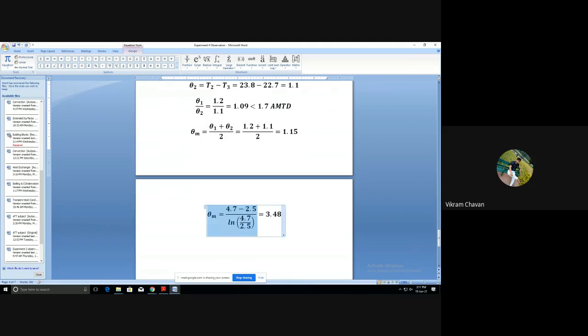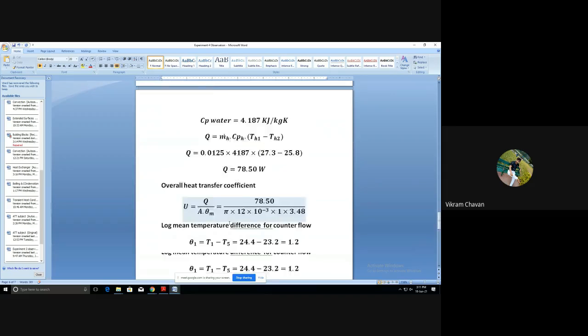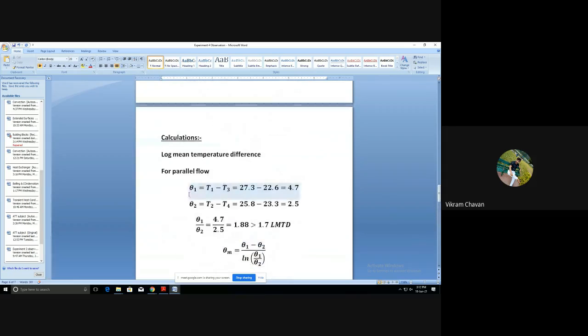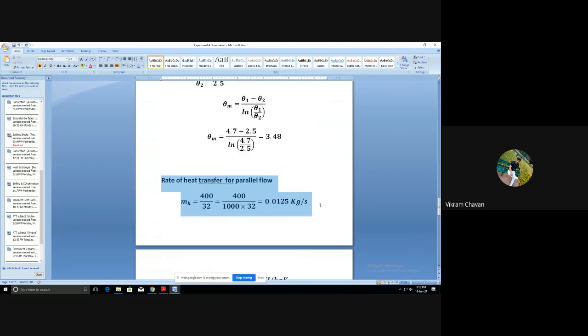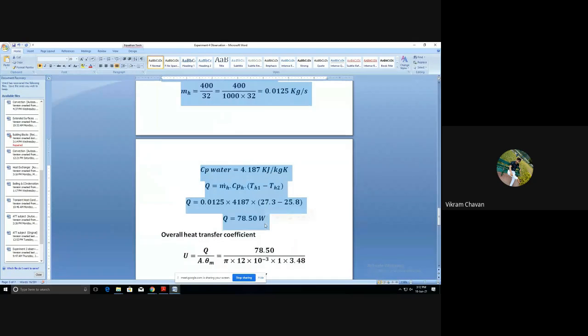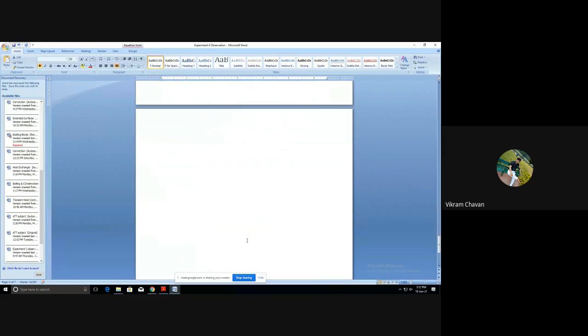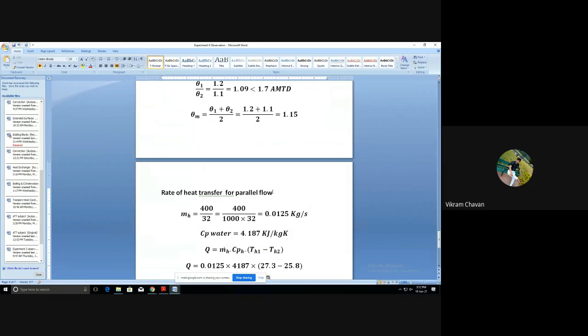So this will be deleted. The logarithmic mean temperature we have calculated. Next, the rate of heat transfer for counterflow.